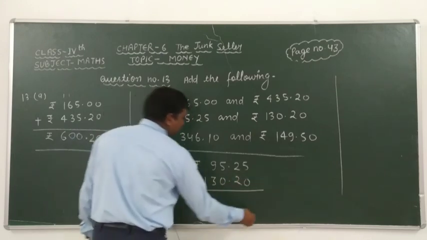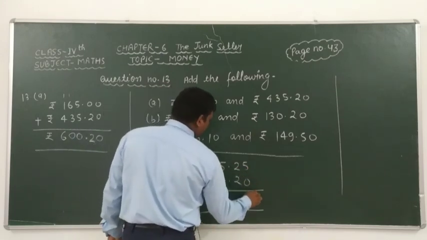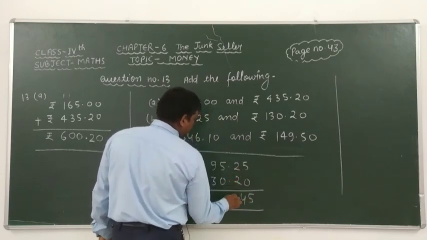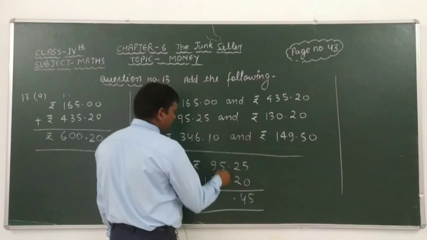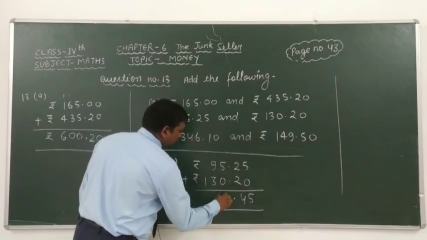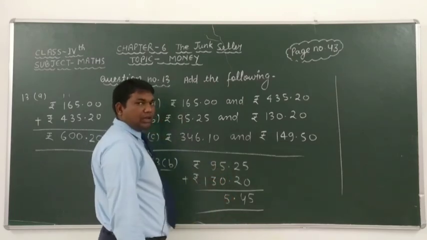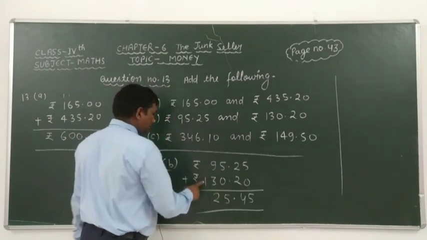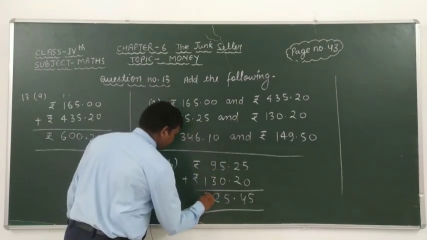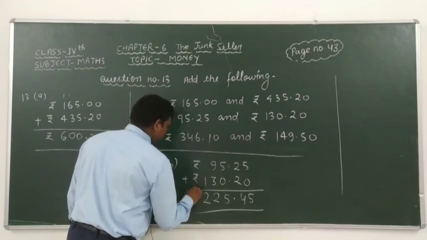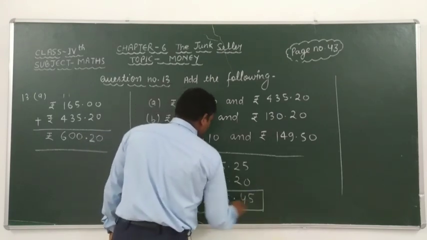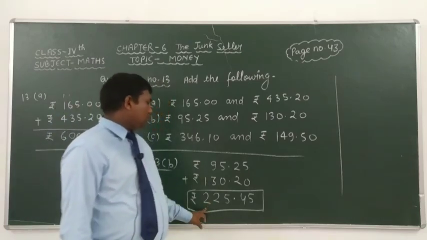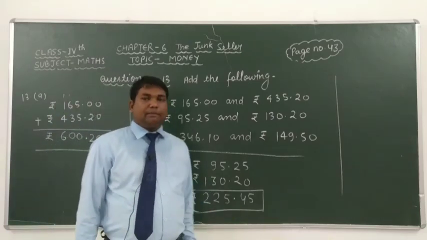After adding these, we get 5 plus 0 is 5, 2 plus 2 is 4. And here we can take decimal point as same place. 5 plus 0 is 5, 9 plus 3 is 12, 12 of 2 carry 1, 1 plus 1 is 2. Okay, after adding these, here we get rupees 225.45. It means that 225 rupees 45 paise.